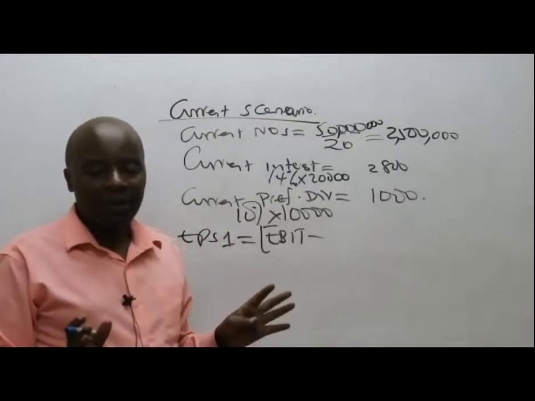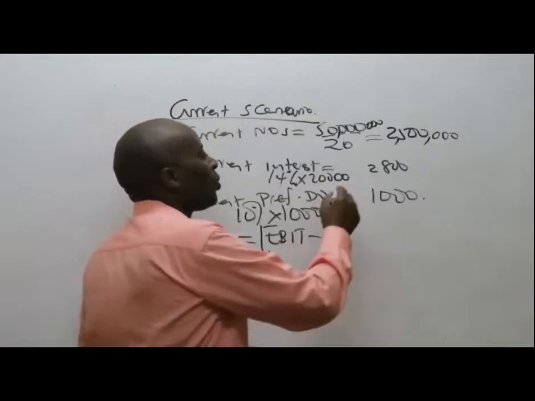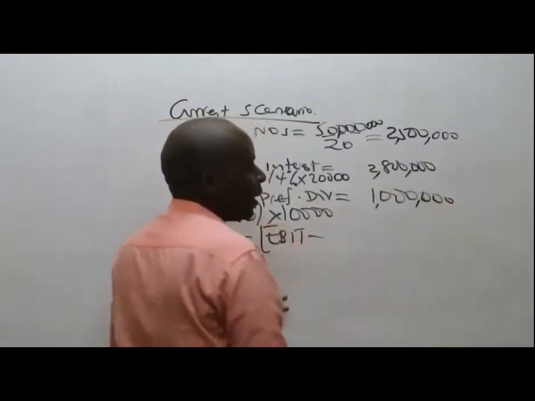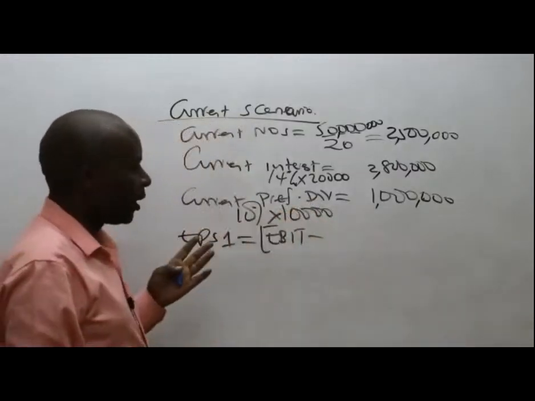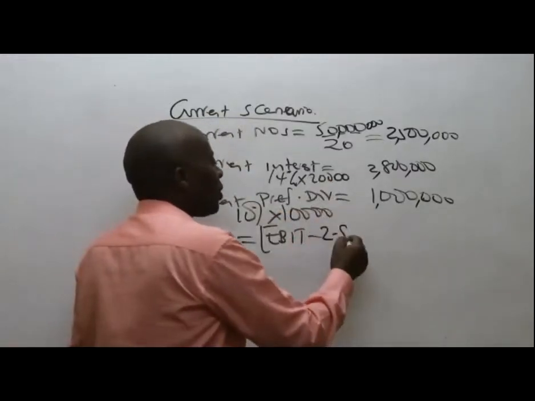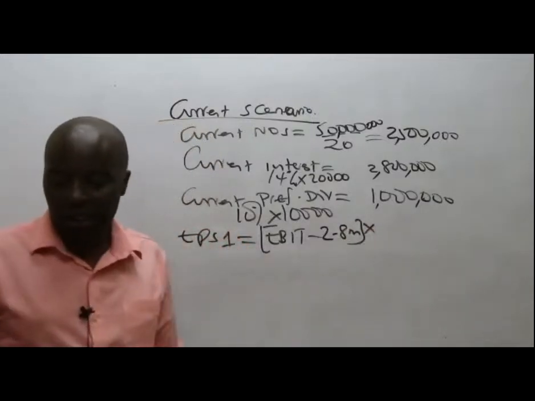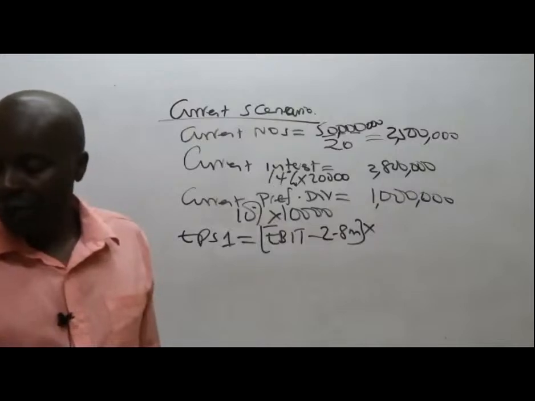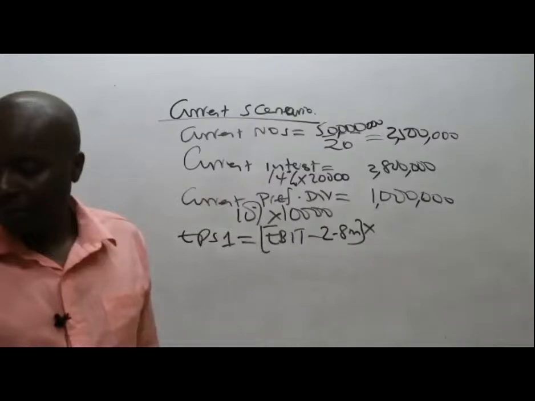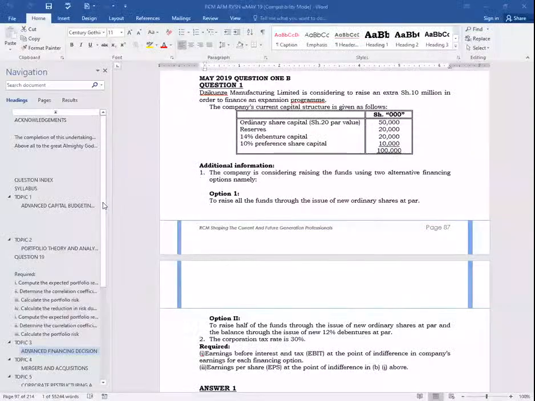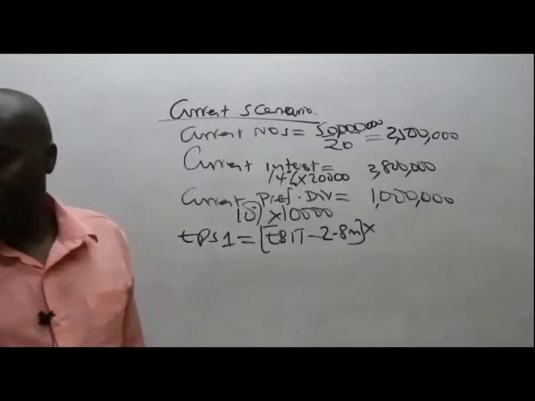To avoid confusion, let's know that this is supposed to be 2.8 million and this is supposed to be 1 million. Although if I'm the one, I would have just captured all of them in millions. So EBIT minus our old interest of 2.8 million times the rate of tax. Have they given us the rate of taxation here? So the rate of tax, 30%, yes, I can see it's 30%.